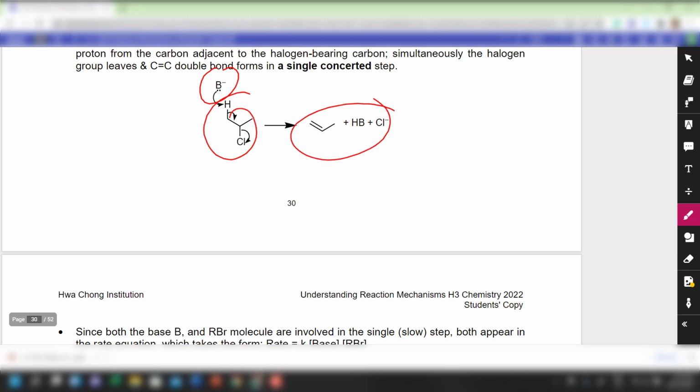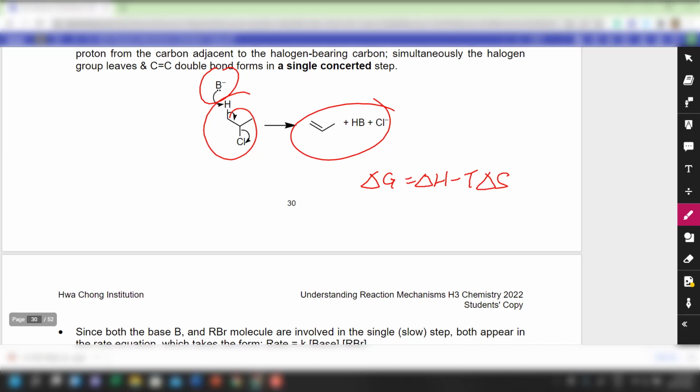Yeah, so if you are looking at delta G equals delta H minus T delta S, using the same condition, meaning for example I'm using the same base. The base can also be used as a nucleophile. Yeah, I could control the elimination product simply by increasing the temperature, because elimination is entropy favored.